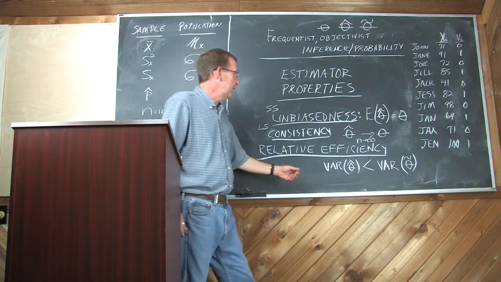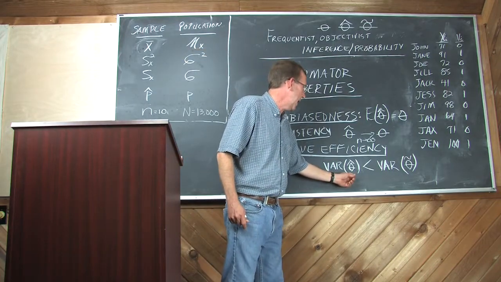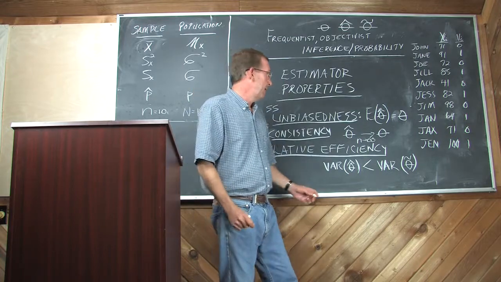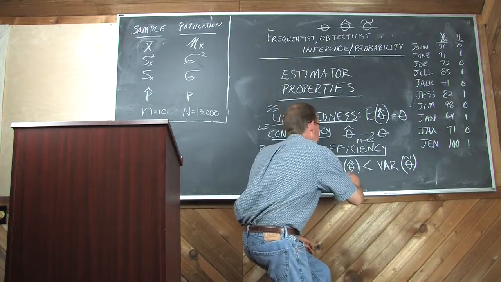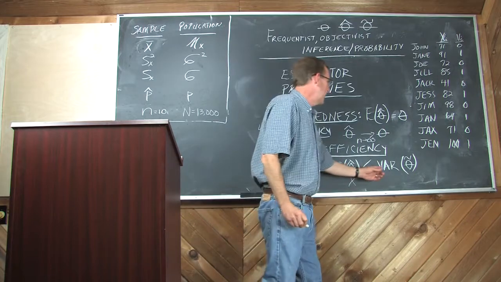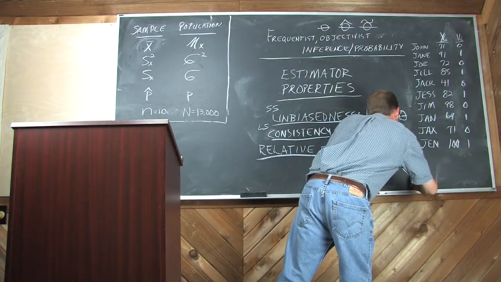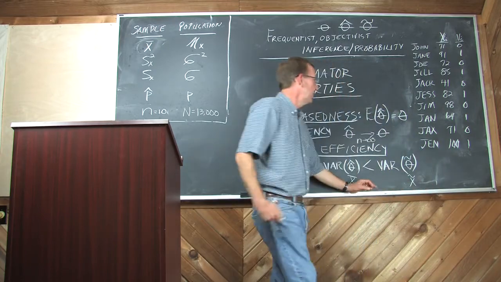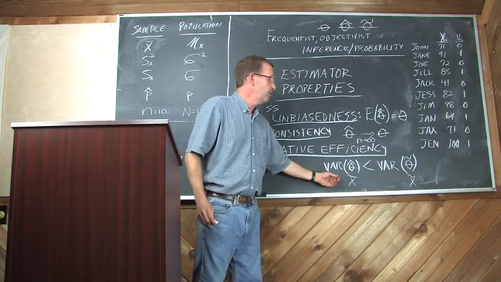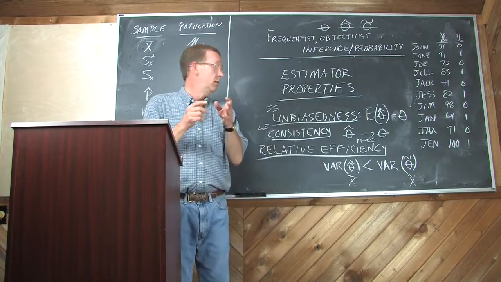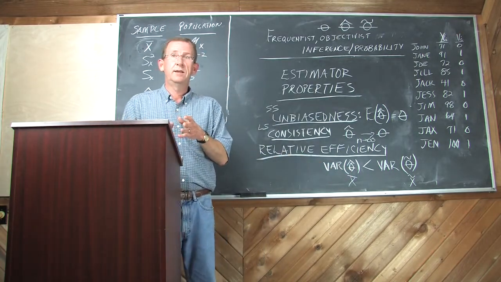What we're saying here is that when the variance of theta hat, let's call that x bar, actually let's write it in, is less than the variance of the alternative, the alternative way, then theta hat is said to be more efficient than the other one.